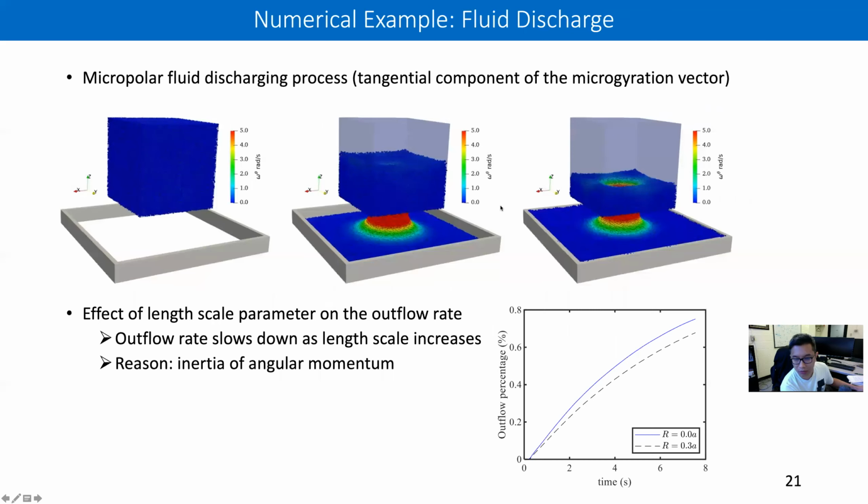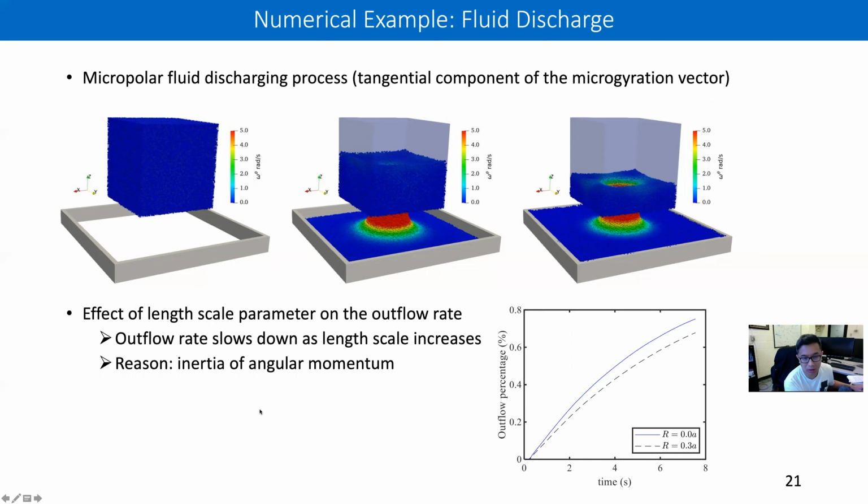So this is the response. We're simply trying it for a material that has a low length scale parameter, and then we try to increase the length scale parameter. As we can see, the effect of the length scale is profound on the discharge rate. The discharge rate slows down as the length scale increases, which is quite easy to understand intuitively.